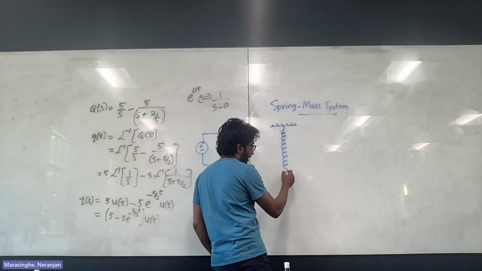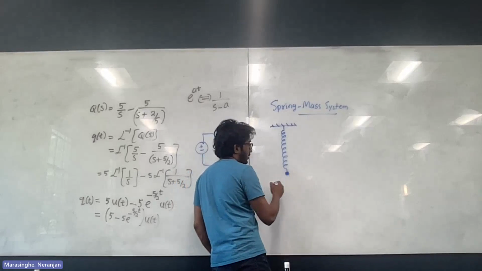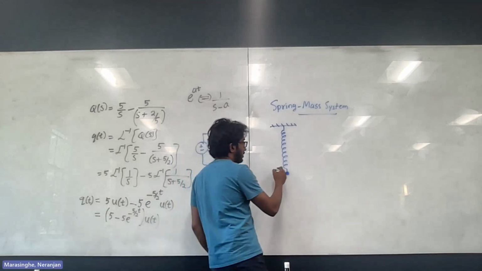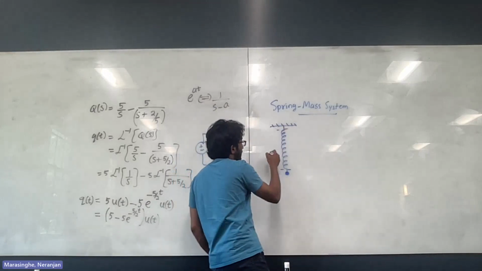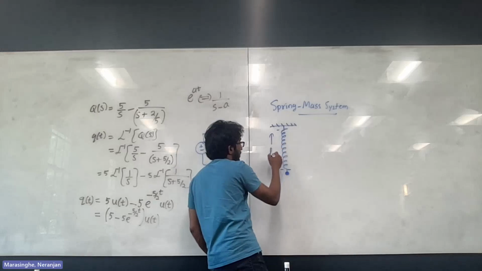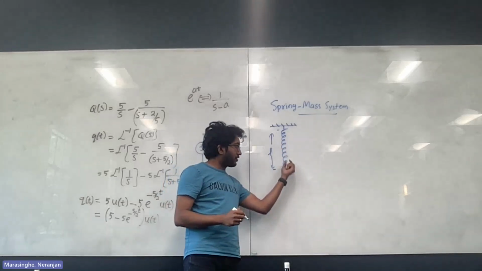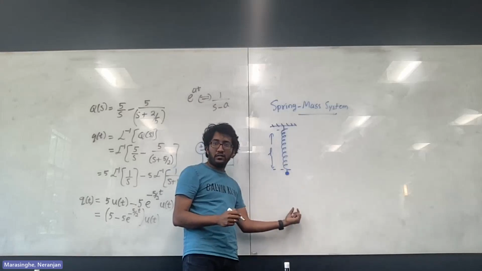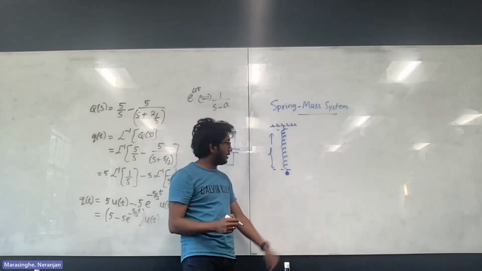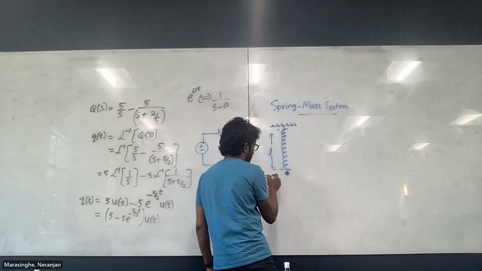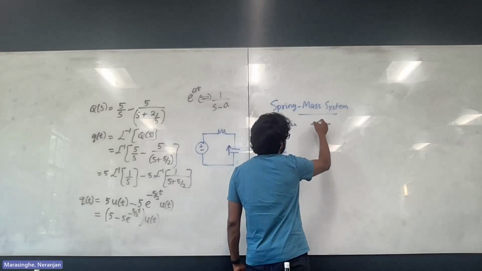You are going to attach some particle or object whose mass is m kilograms. This is the natural length of this spring. If you attach an object like this, what would happen to this spring? It would be stretched. So this is t equals 0. What would happen?